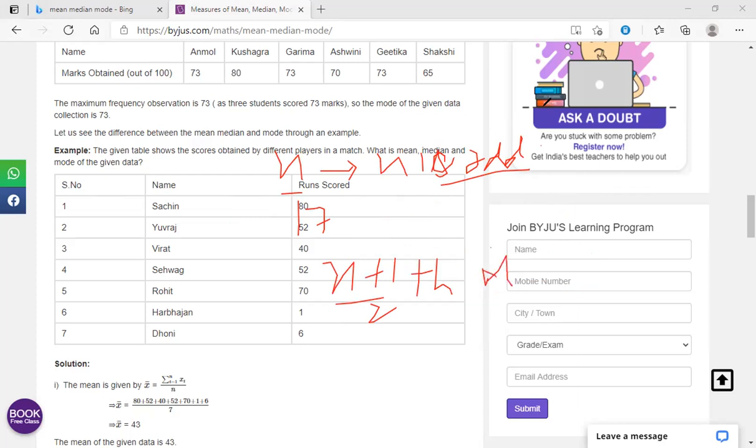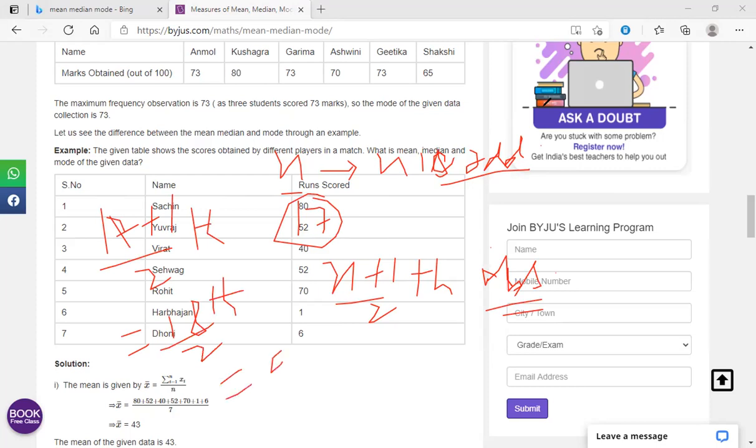If we have n equals 17, then 17 plus 1 upon 2 is 18 upon 2, which is the 9th. So the ninth observation will be the median of the data.